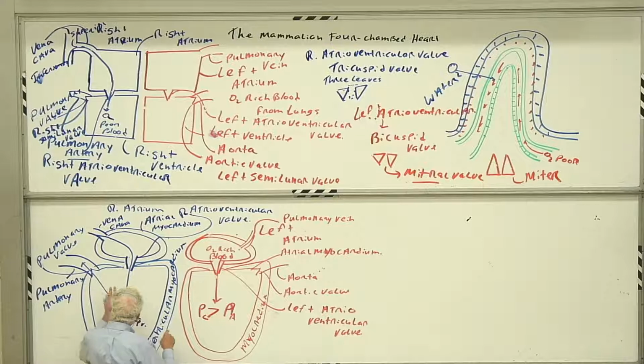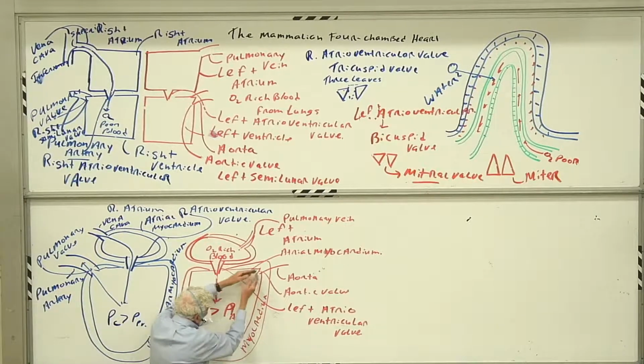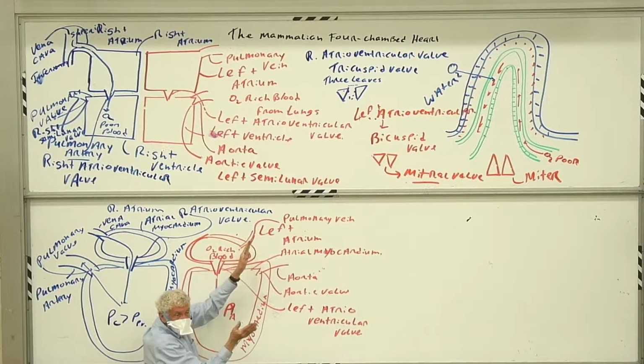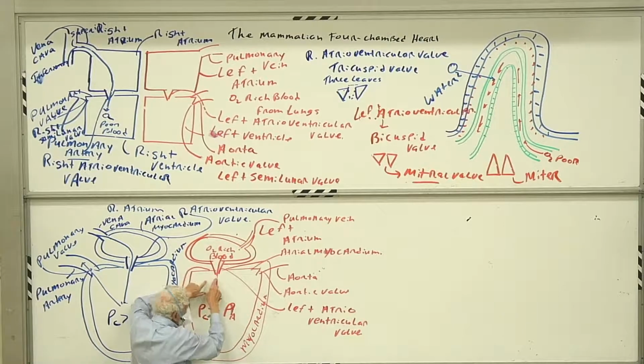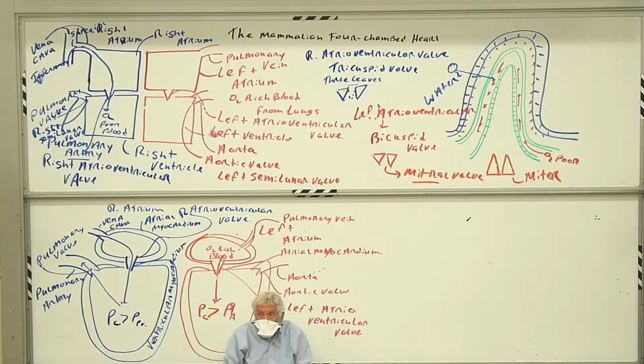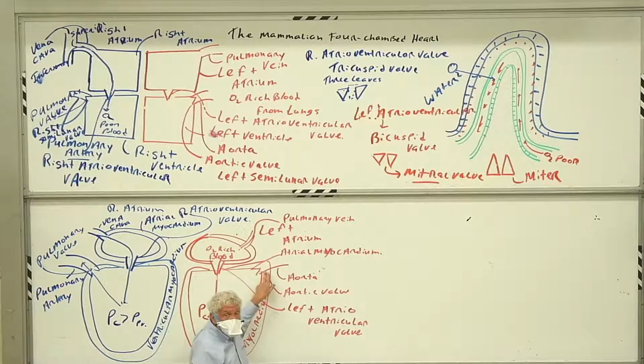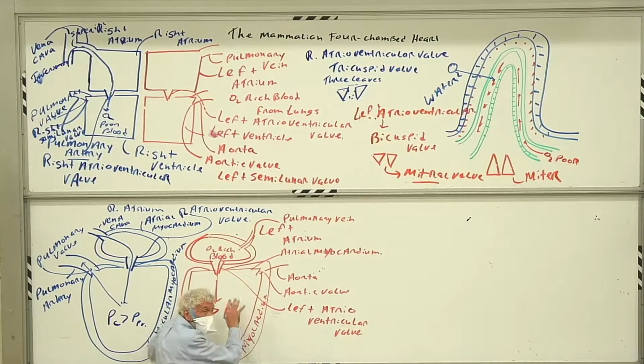When that pressure on the chamber side is greater than on the far side, in both cases, this valve opens. Now, in contrast to the atrioventricular valves, which are pretty floppy, these valves are pretty darn stiff. It takes a lot of energy to open these valves. So we're going to use the energy of the muscle contraction, increasing the pressure on the fluid in the chamber, to open those valves.